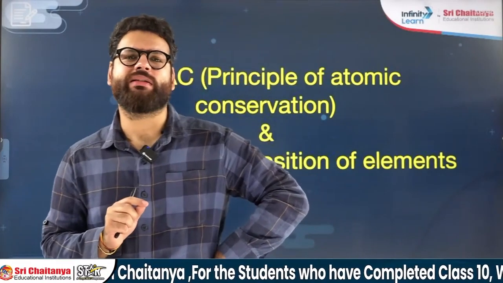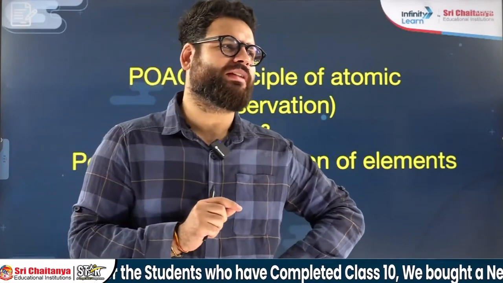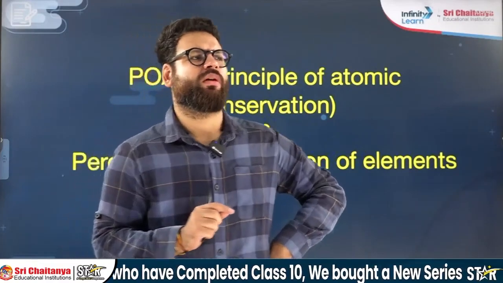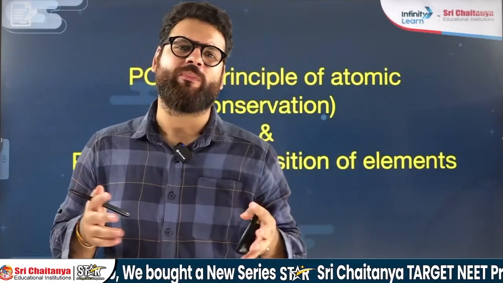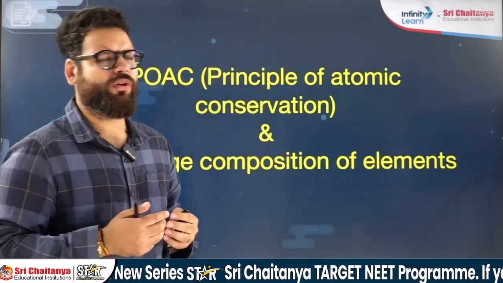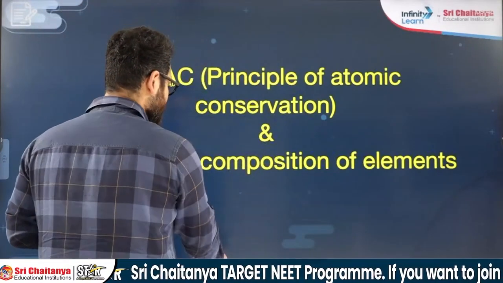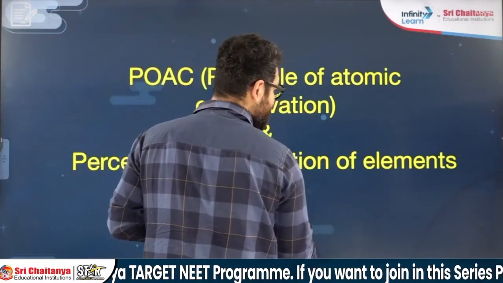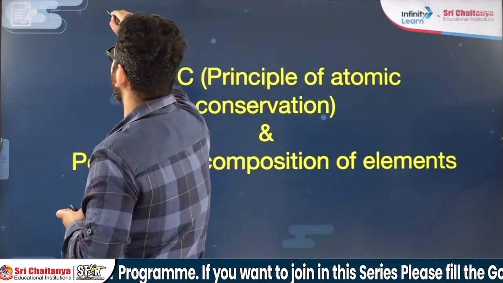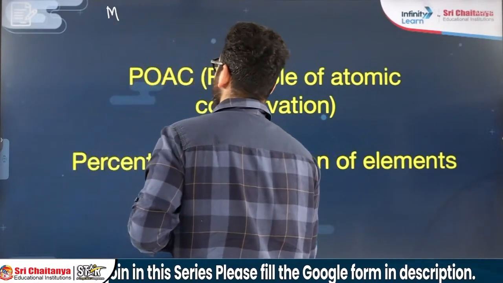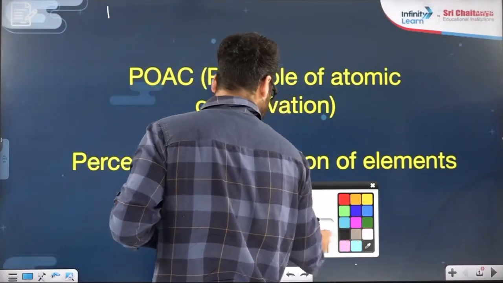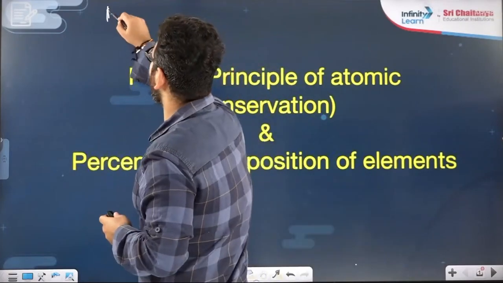So if someone feels that balancing is a difficult thing, if sometimes reactions come very complex, then balancing becomes difficult for you, you can solve the question of stoichiometry without balancing. It's kind of a magic only. And the magic is principle of atomic conservation.